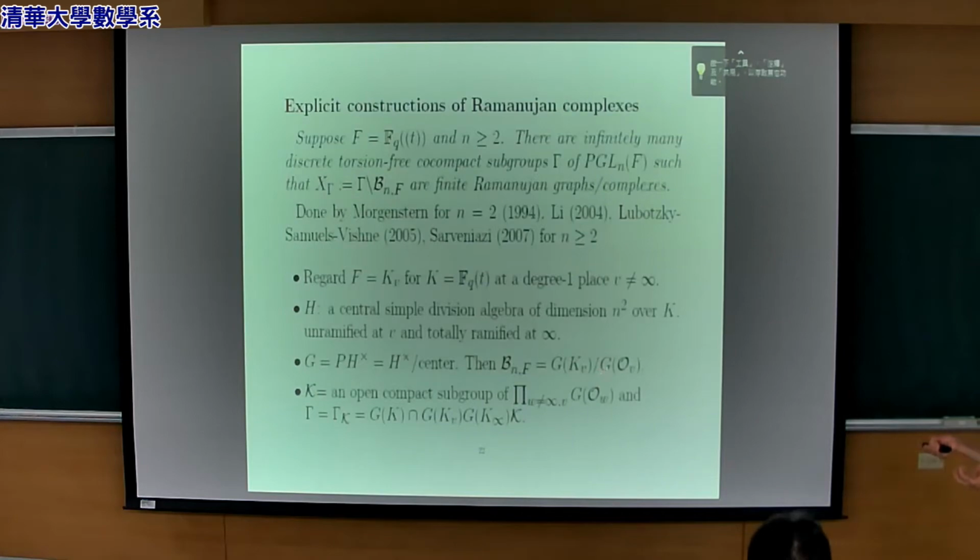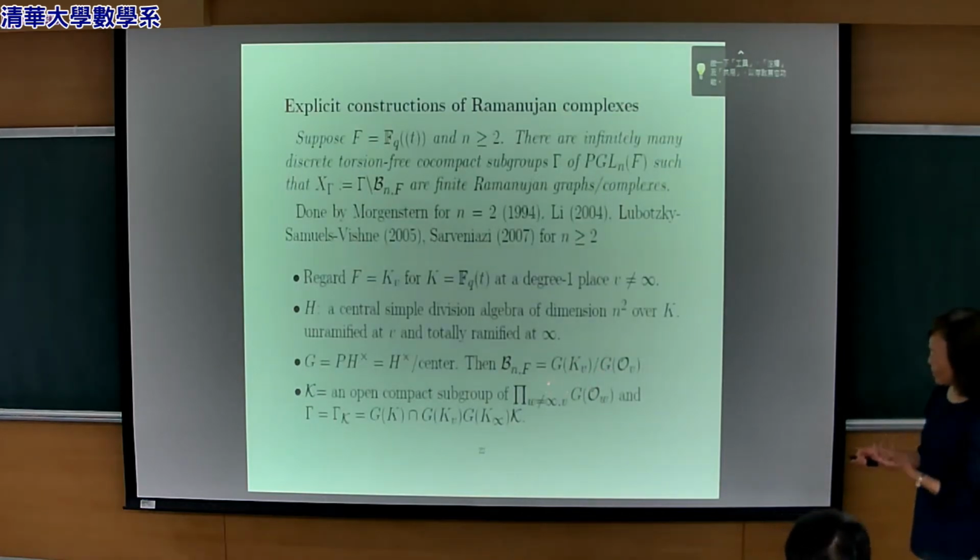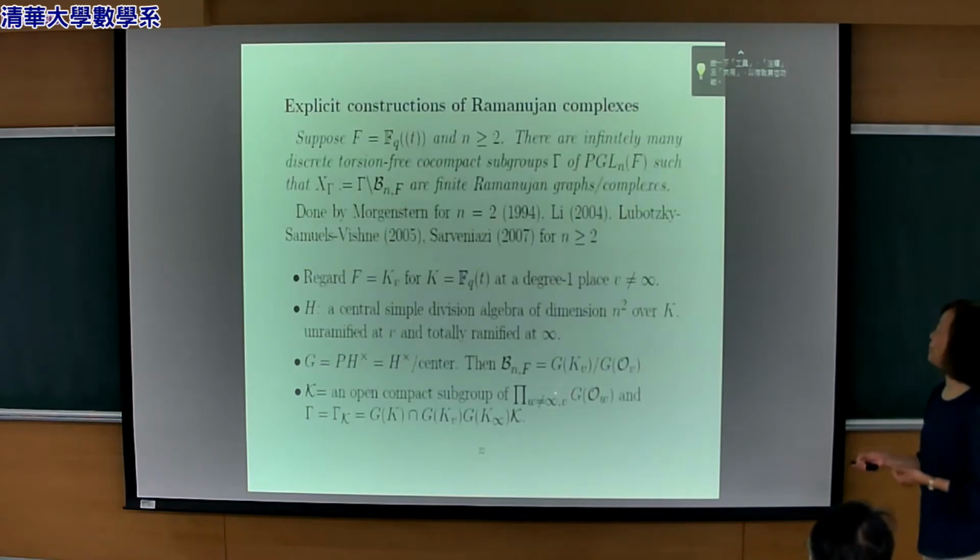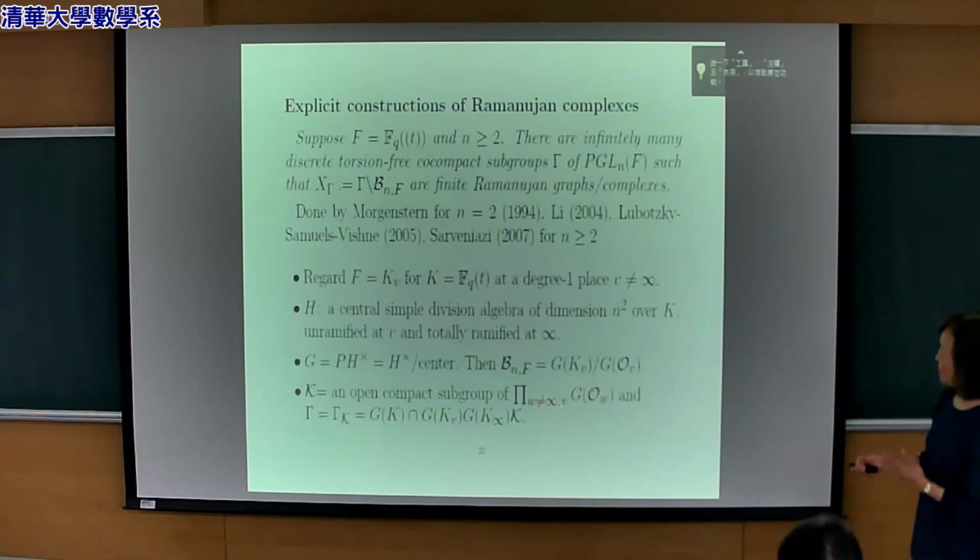And just like before, what we saw for the case of graphs, now we want to choose a bunch of congruence subgroups, and they come from the global rational points. The way we say it is that we take an open compact subgroup, or the product of maximal compacts over all the places outside infinity and the chosen place.